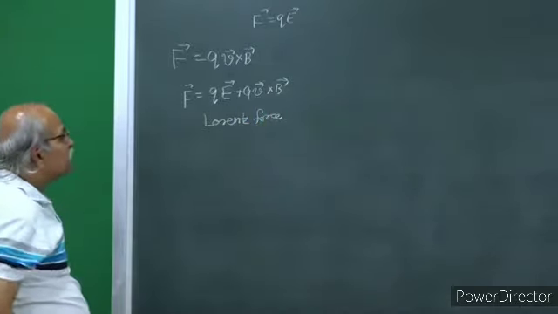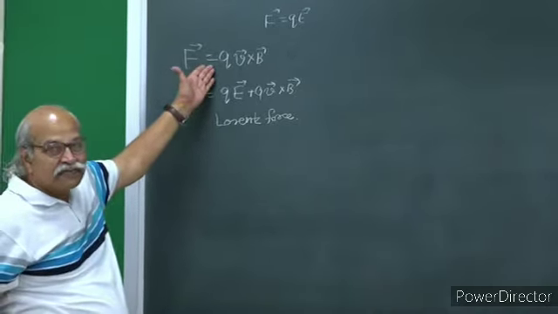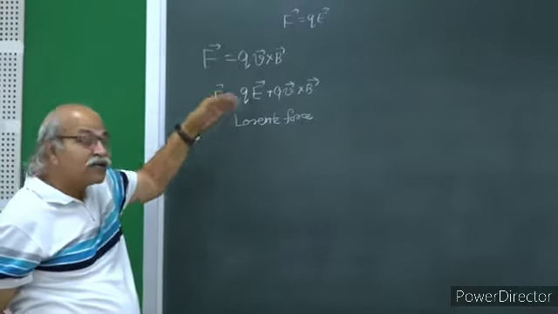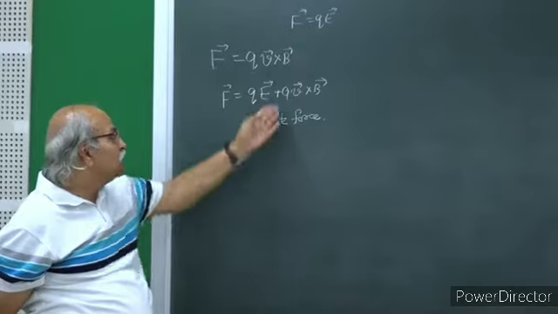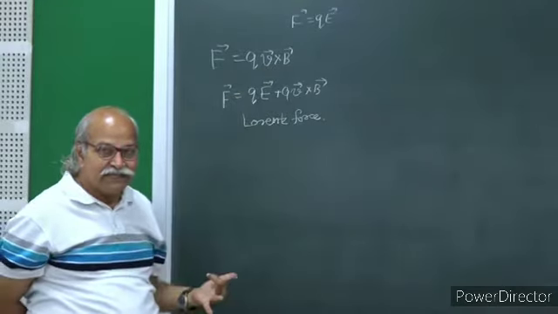So, we will talk about consequence of this. If you have a magnetic field and there is a charge which is moving, then what kind of path it will be. So, that will depend on how this magnetic field is different at different places.